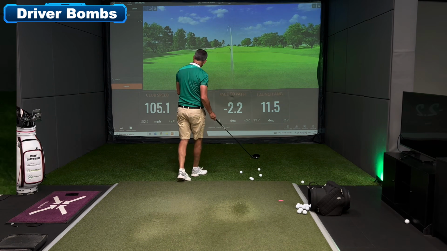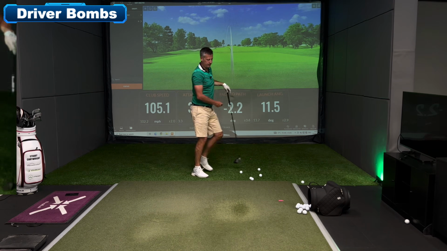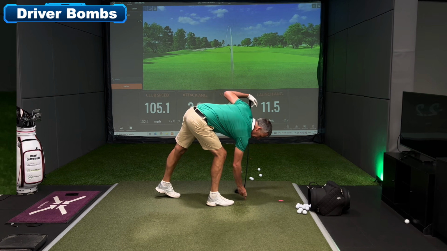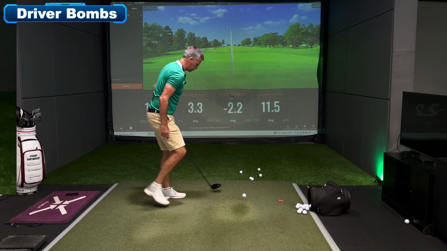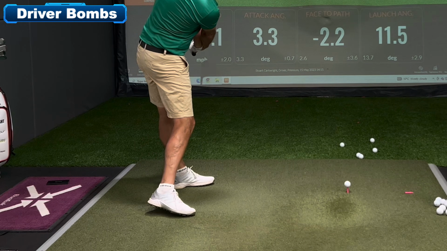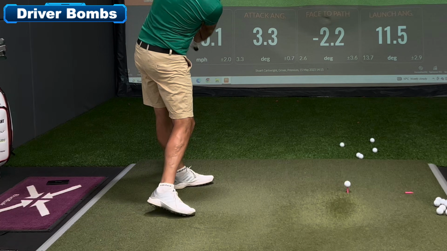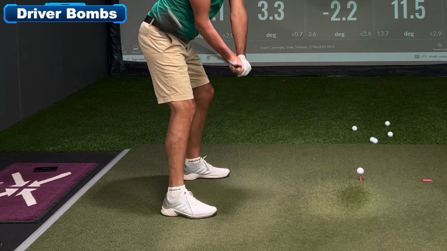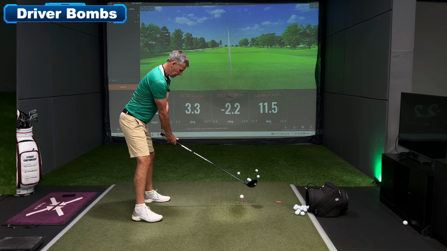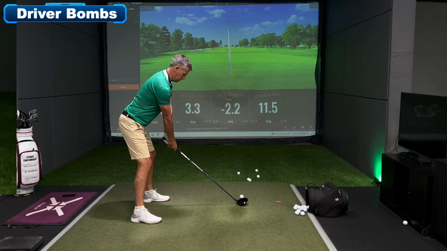And again, as soon as I go to that stronger hold, I completely negate the right side of the golf course almost. And I immediately feel that I can start to unload the golf club with loft here. So I now get a slightly lower launching golf ball, but all of a sudden I could move that ball further and further forwards to help with the launch angle.